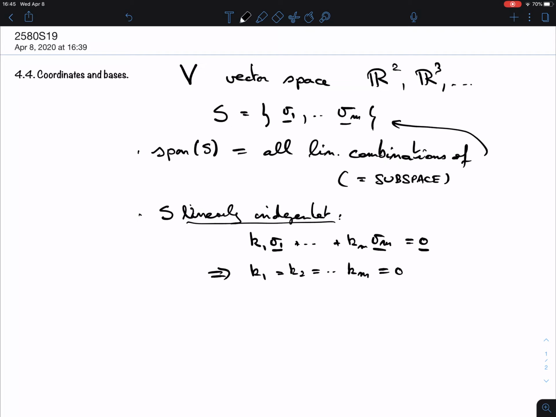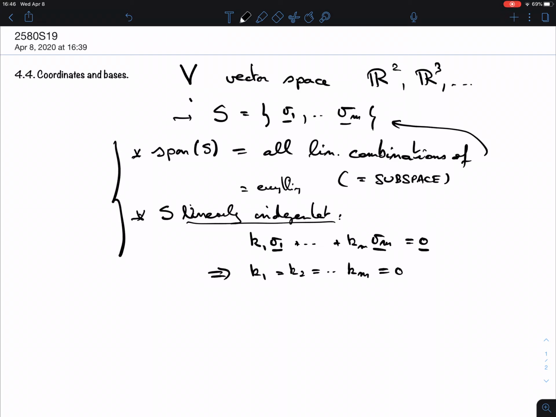Now, going back to the span of S, now we know that these are vectors in our vector space, right? We don't know where we're living, so this is part of this vector space here. But what happens if the span would be everything? So we are now thinking about choosing an S that has the property that it is linearly independent, but you also want the property that this is everything.